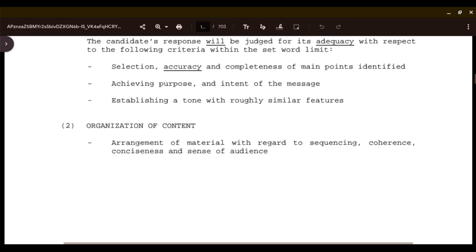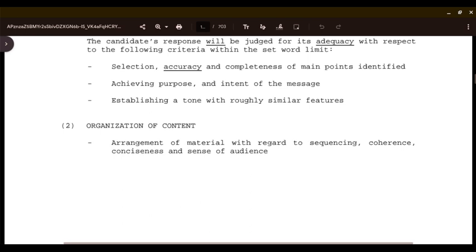Conciseness, because this is a summary. Conciseness means briefness. We are not writing a 10-page essay here. Please don't write your 10-page essay. This is not the question for that. We want to get you as simple as possible, reduced word count, right? And then with sense of audience, where you understand who you're talking to.